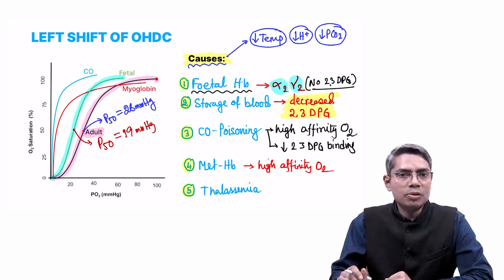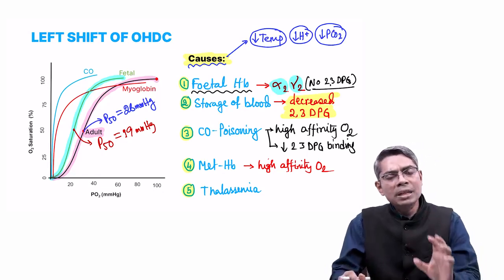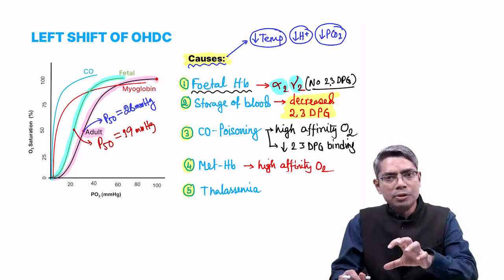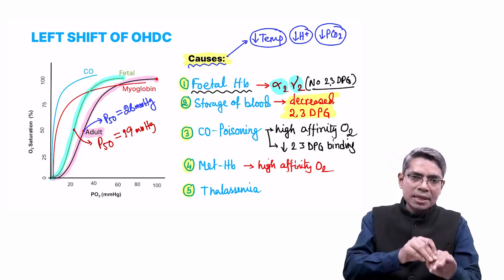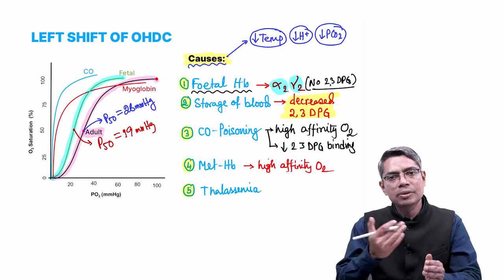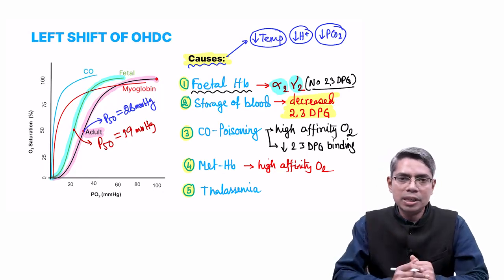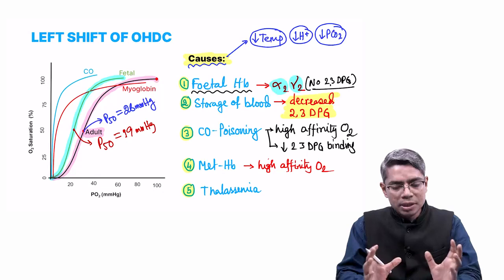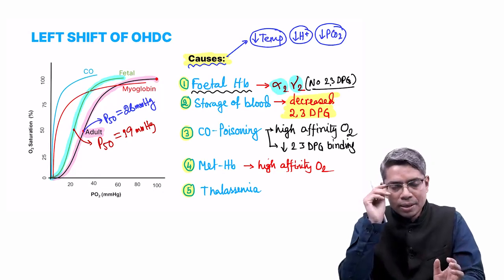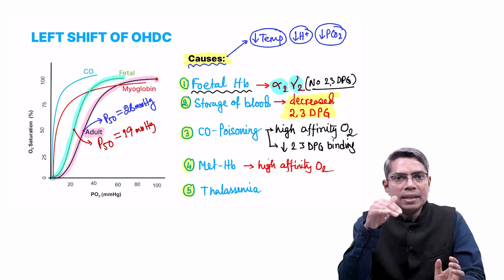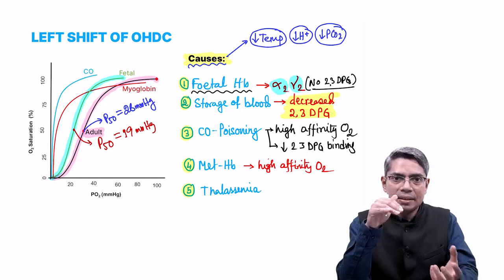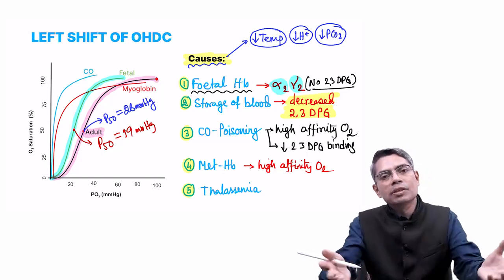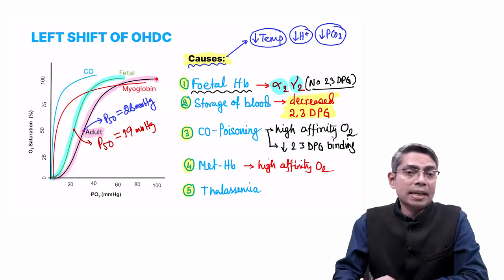In case of carbon monoxide poisoning, whenever carbon monoxide binds with hemoglobin, the remaining oxygen which is already there in the hemoglobin will not be able to be released from the hemoglobin. Suppose the hemoglobin is already attached with oxygen. Whenever the carbon monoxide enters the hemoglobin, the oxygen which was already there will not be able to release after carbon monoxide binding.